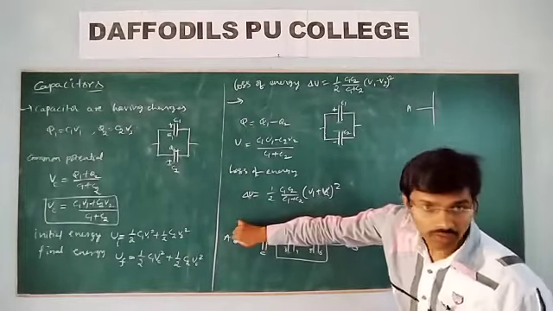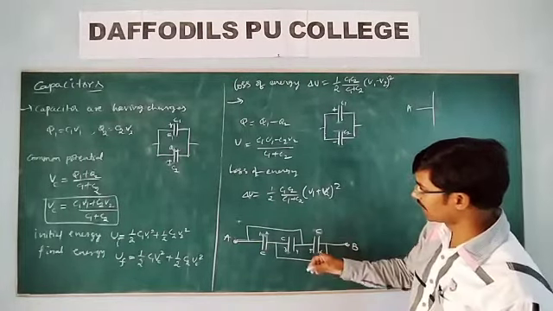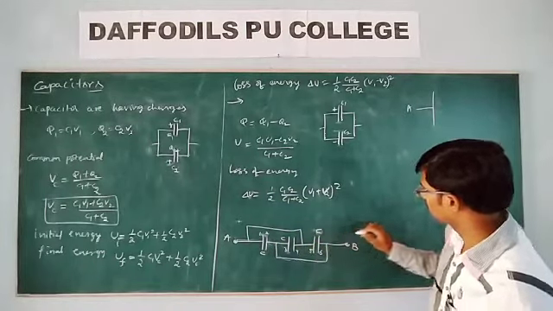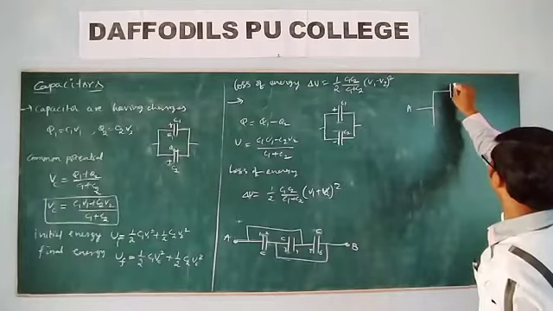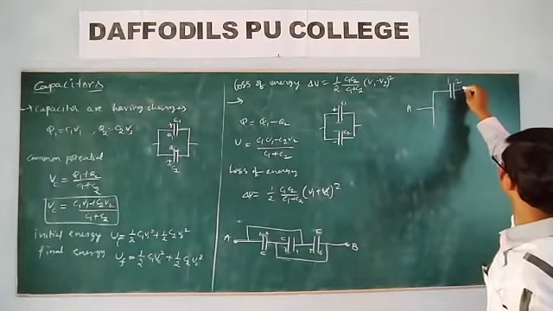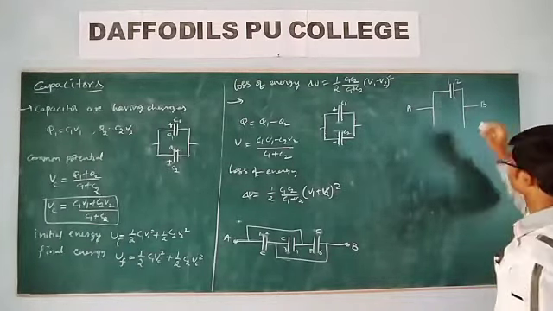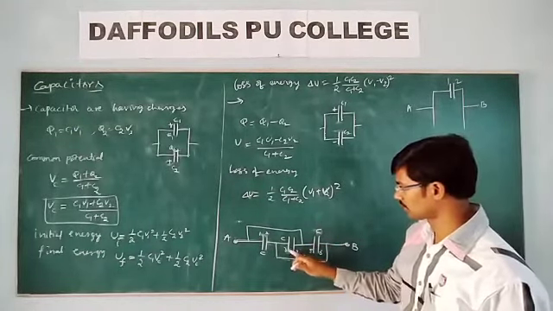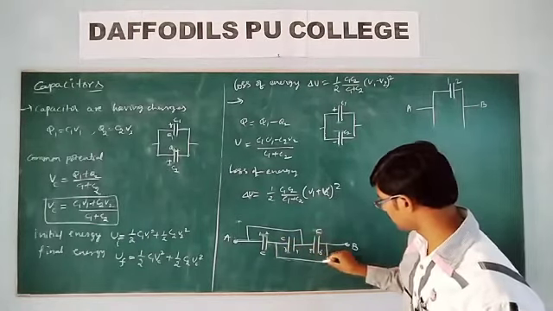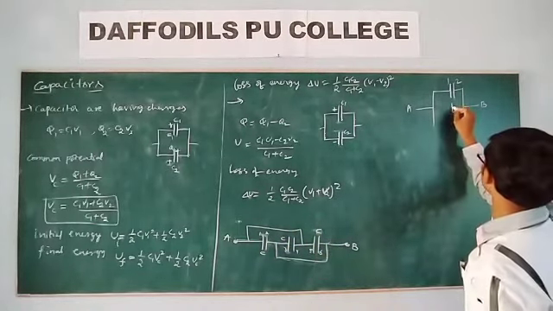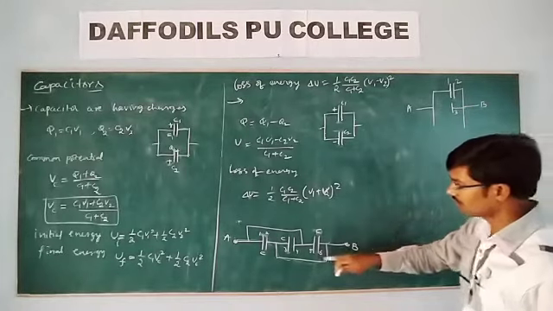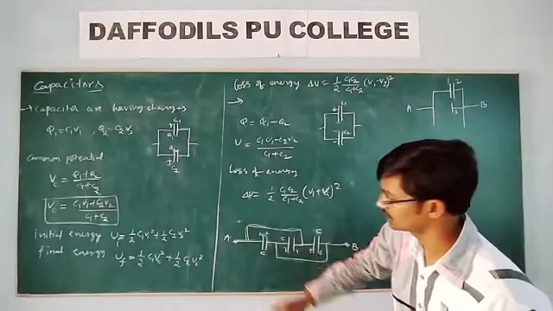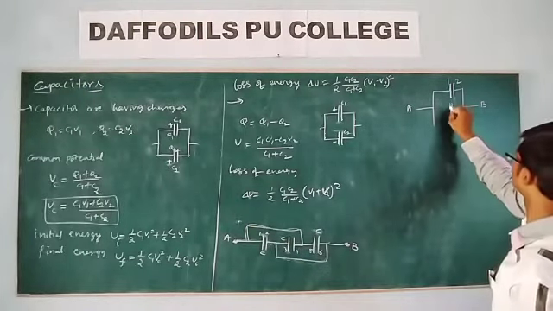The first terminal is to 1, whereas the second terminal is connected to B. Let me draw here 1 and 2. 2 is connected to B. Similarly, for the second capacitor, the third terminal is connected to B, and the fourth terminal is connected to A.